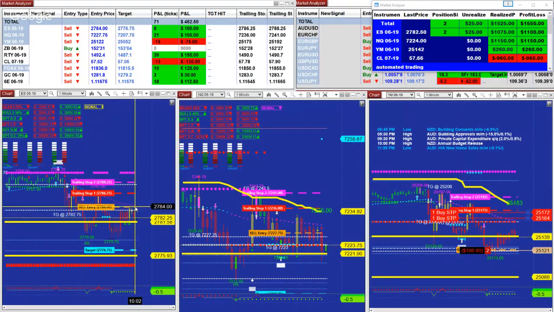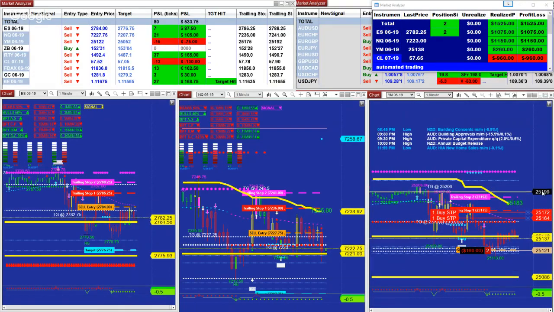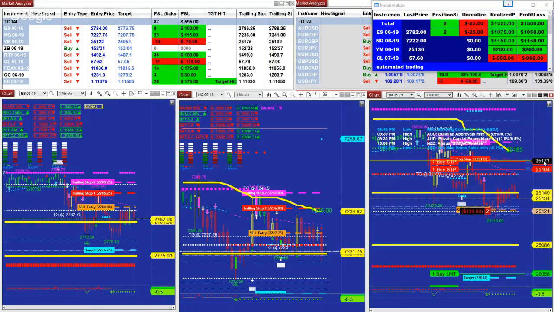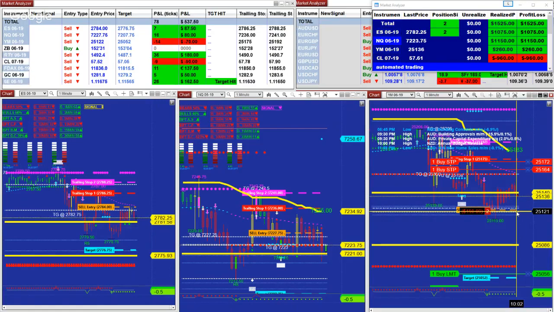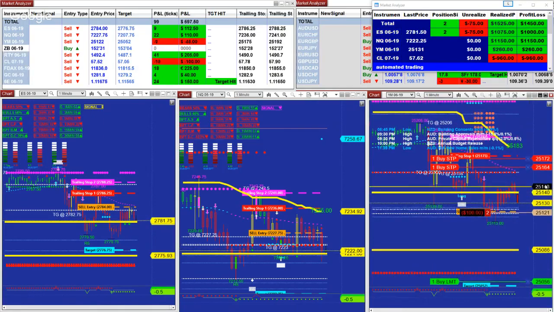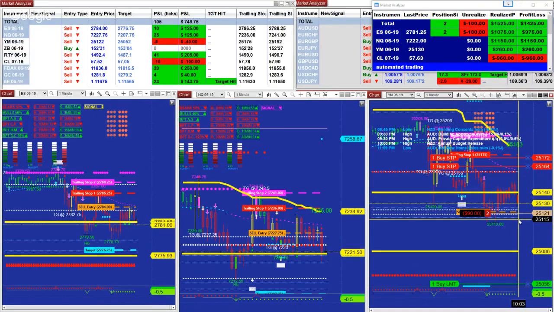I didn't want to call the ES for you, or the Nasdaq right now, but I will be calling the YM for you. If you are not in a trade right now, because the sell entry is 51.21, sitting right into the support line here, I strongly recommend taking a short trade, limited order, sell, at 51.15 on the YM.